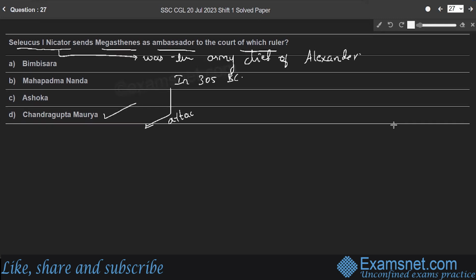After this battle, Megasthenes was sent to Chandragupta Maurya as an ambassador, right? So after this battle, Megasthenes was sent to the court of Chandragupta Maurya. Option D is the right answer.